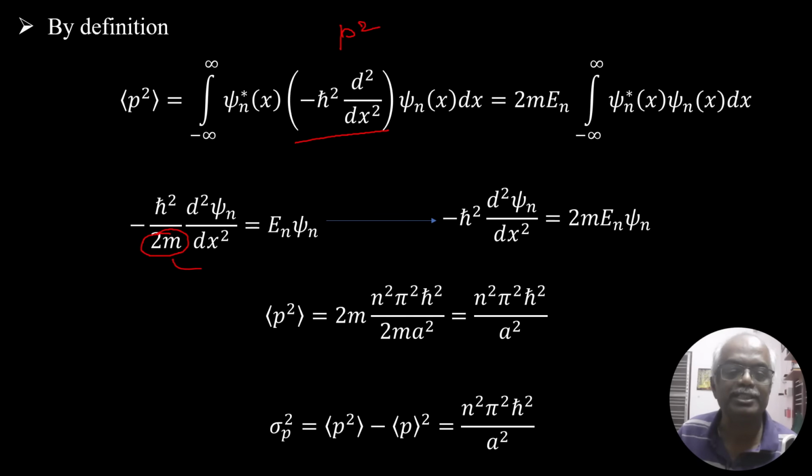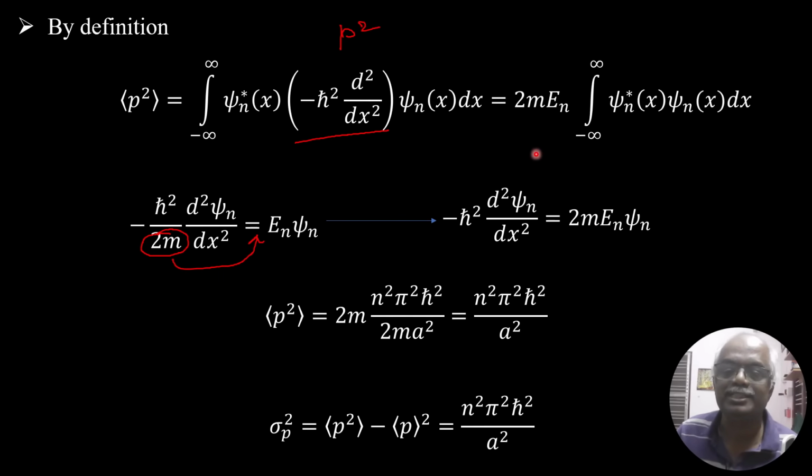Then this will become minus h cross squared d2 psi over dx2 is 2m E n psi n. Then what about this? This is a number. When it acts, it will give this number, and of course, I forgot psi n. That is this number, 2m E n psi n.